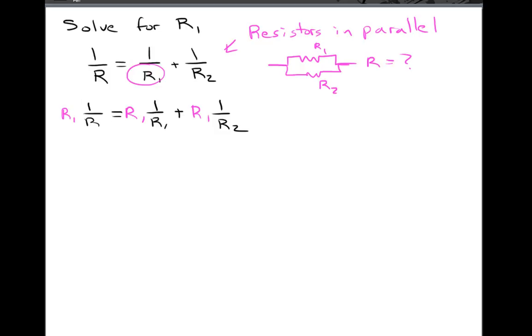Okay, now over here, these are going to cancel out, and we'll be left with 1. And I'm going to leave this as R1 times 1 over R. I never believe in multiplying unless I really, really have to.